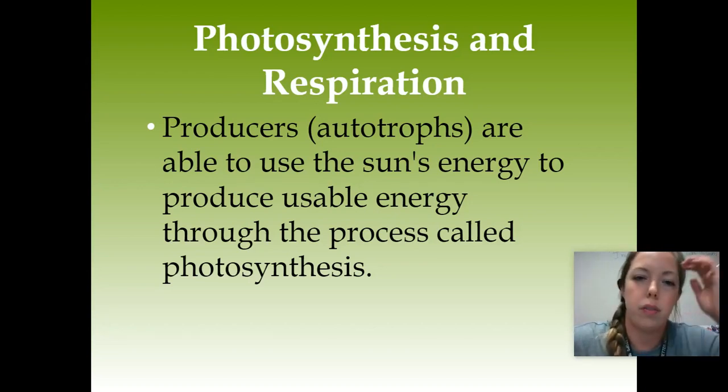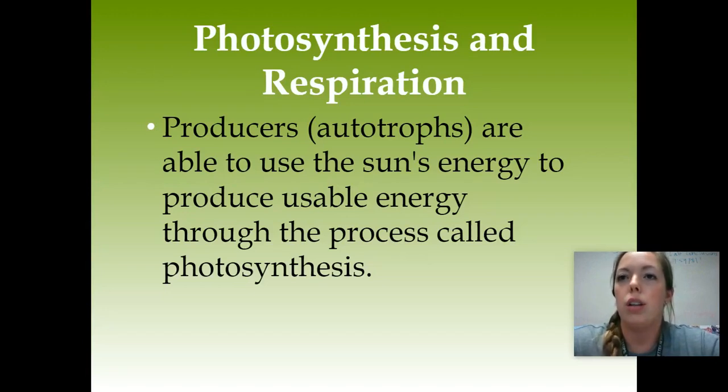Producer, autotroph, okay? Through the process of photosynthesis, these producers or autotrophs are able to use solar energy along with carbon dioxide and water to convert that into glucose, right? Which is a form of potential energy that can be used by a wide range of organisms. One of the waste products that goes along with this process is oxygen.